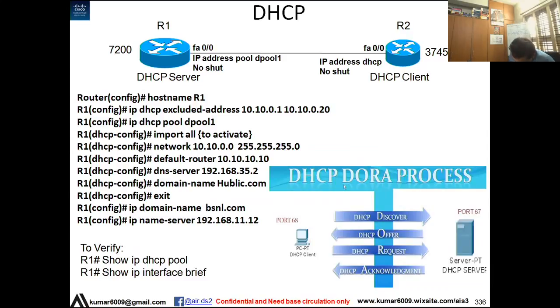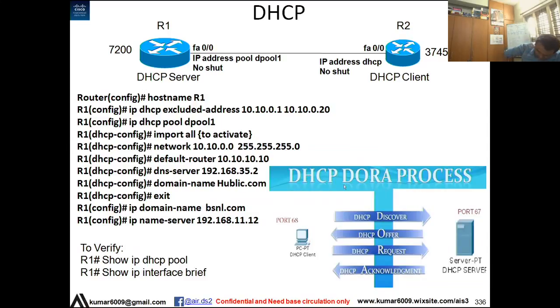For interface FA0/0, R1 FA0/0. What IP address will you get if you give this command? The range you know, right? 10.0.0.1. What IP address will you get if you configure the address pool dpool1?